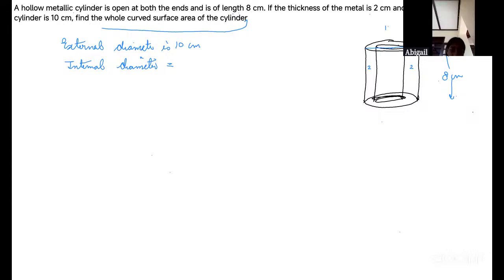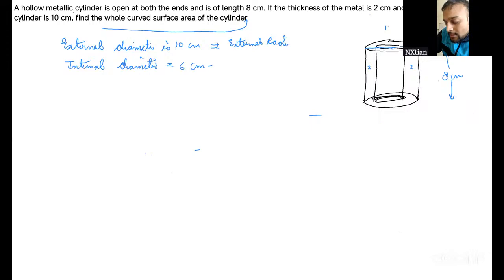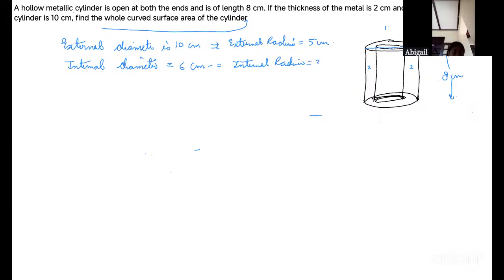Yeah, sir, 6 centimeters. So if internal diameter is 6 centimeter, what will be the external radius? 5 centimeters. And the internal radius? 3 centimeter. And the height will be same for whole.